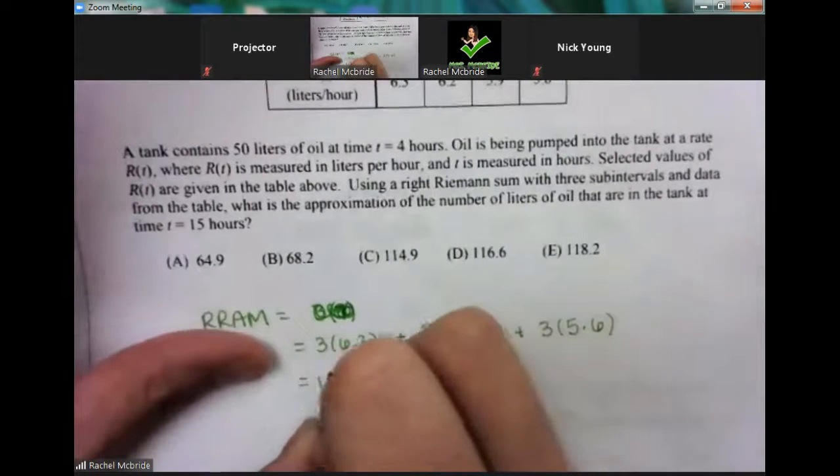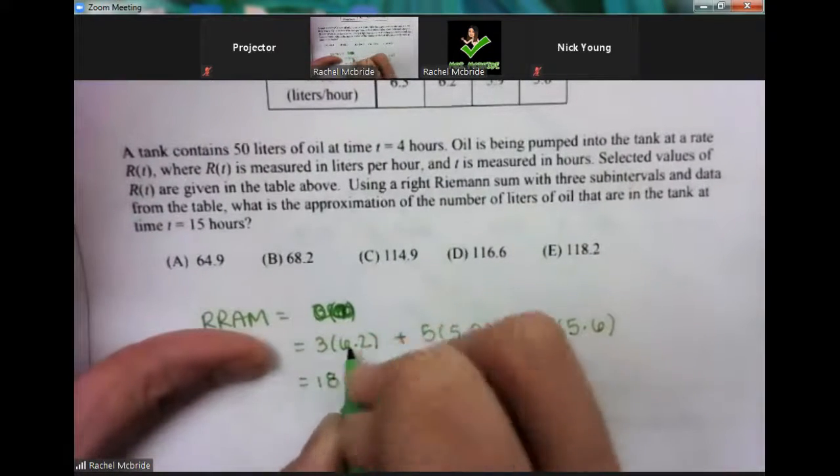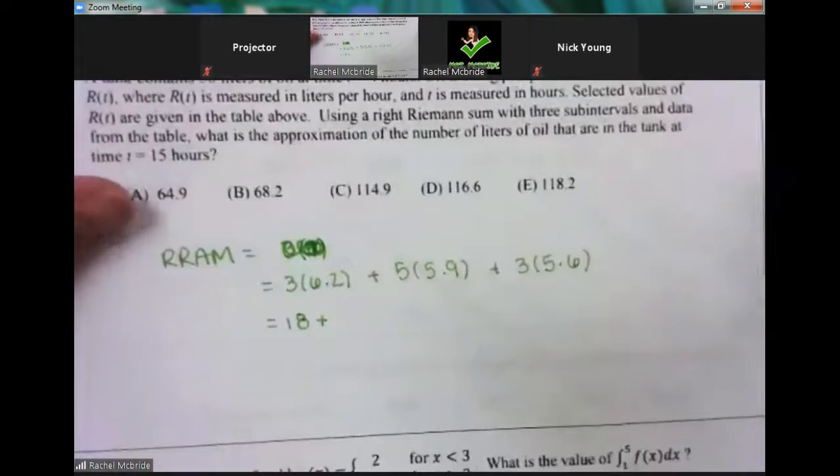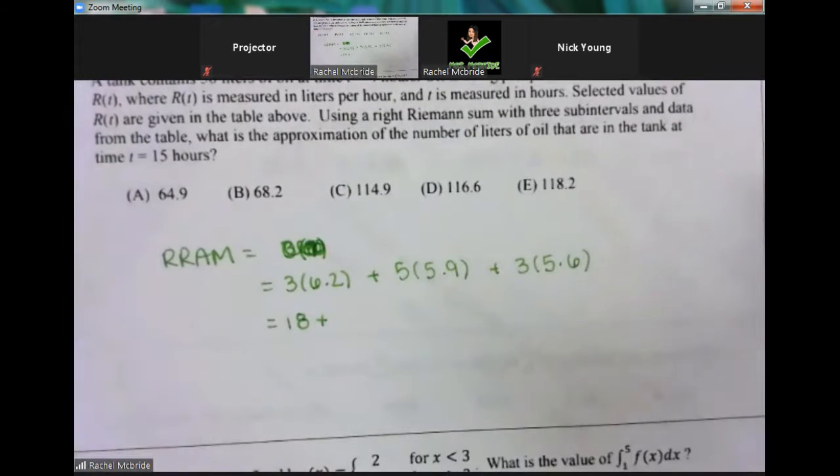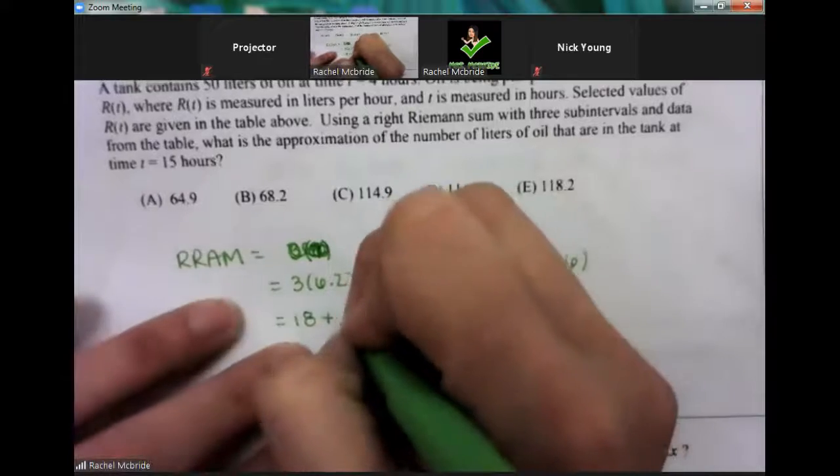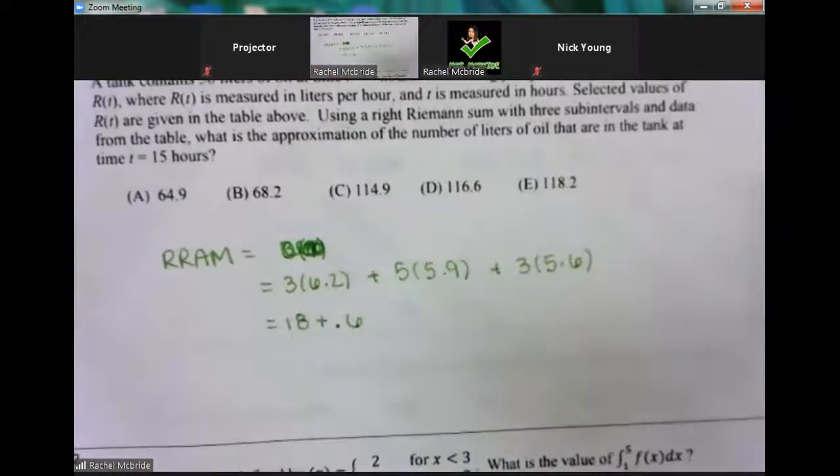And then 3 times 0.2 would be 0.6. So you could just break them with your decimals into 2 different parts of the row. Don't try to take 6.2 times 3. Take 3 times 6 and take 0.2 times 3. So that's 18.6.